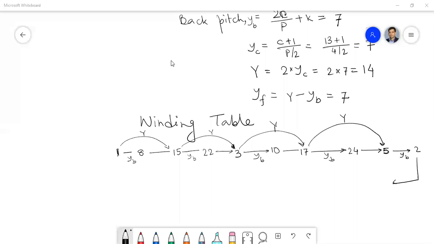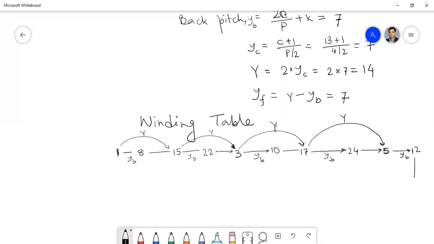Daipayan Guha. Hello. Yes, sir, I can. 19. 5 plus 14. You are saying this is 19.